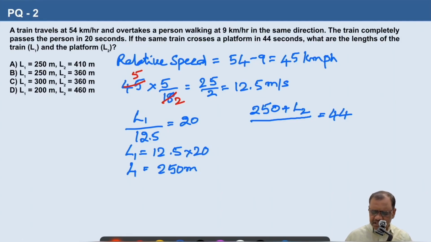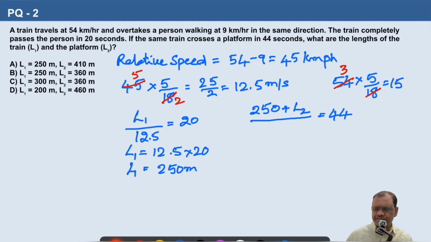The speed of the train is 54 kilometers per hour. We have to convert this into meters per second, multiply it with 5 by 18. So 18 ones, 18 threes. What's remaining here? 3 fives, 15.